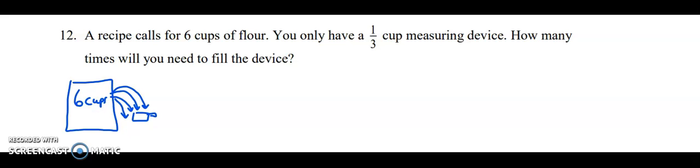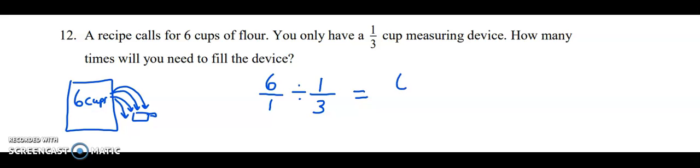And through the arrows, we can see that this is a division question. So we're going to take the 6 over 1, and we're going to divide this by 1/3, because we're dividing the 6 cups of flour into that smaller 1/3 cup. But we don't know how many times that's going to happen.